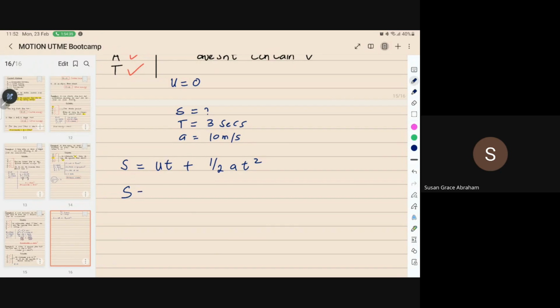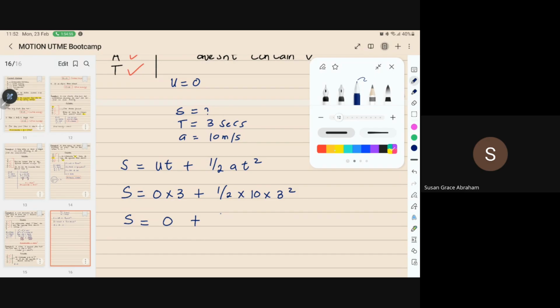You are looking for S. They said U is 0. So S is equal to 0 times 3 plus 1 over 2 times A, which is 10, times time, which is 3 squared. So S is equal to 0 plus 1 over 2 times 10.